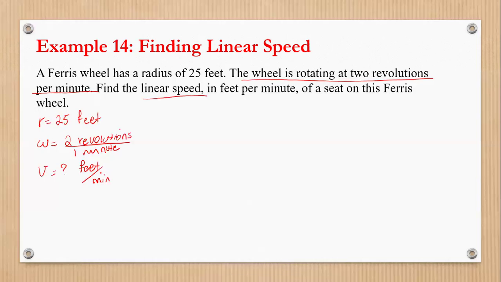When you have angular speed in revolutions, you need to multiply it by 2 pi over 1, because 1 revolution means 2 pi radians. Then you can cancel revolutions, and the angular speed is 2 times 2 pi, which is 4 pi radians per minute.